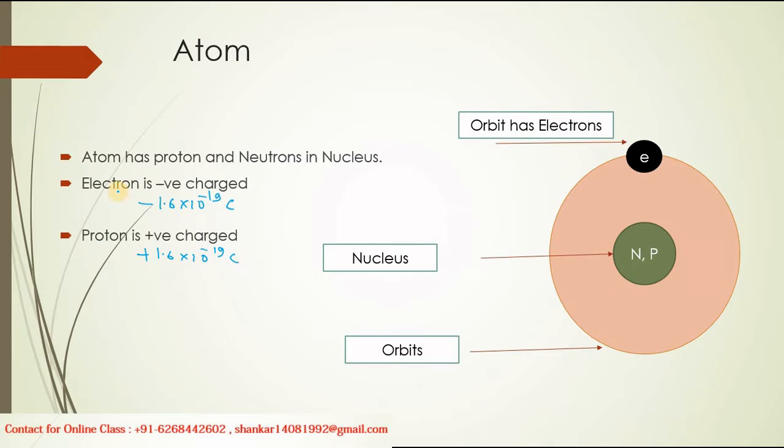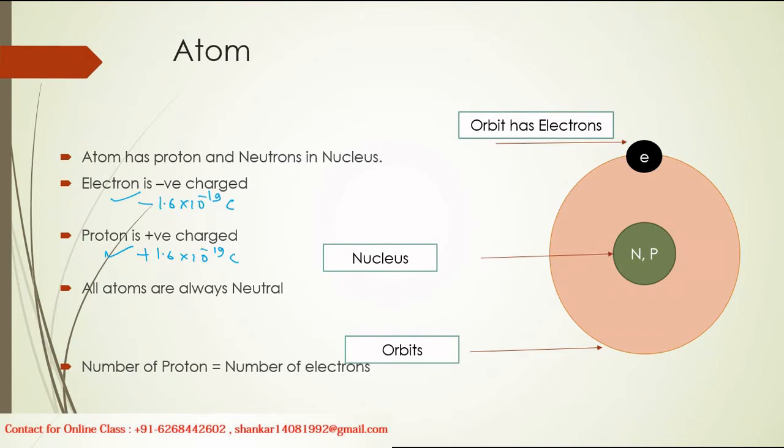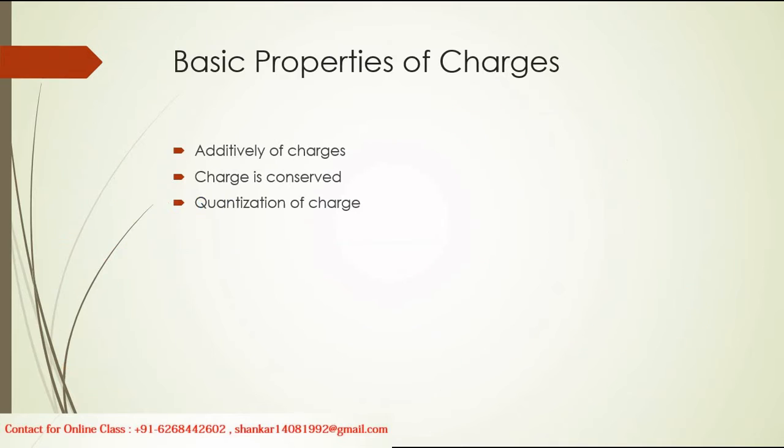This is the charge of 1 electron, this is the charge of 1 proton. So if you add 1 electron and 1 proton, that will give you a neutral charge, equal to 0. So all atoms are always neutral. It means you have an equal number of protons and electrons.